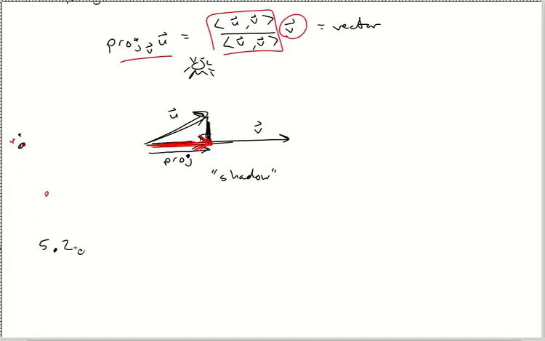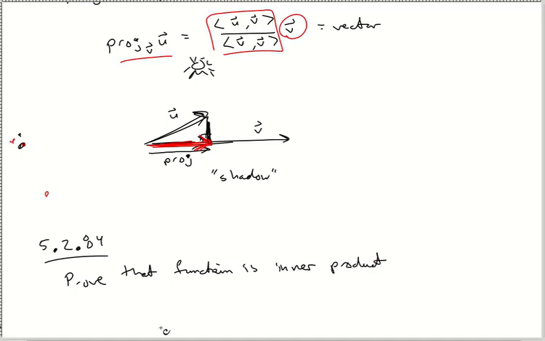So, this is kind of a proof. It does say prove in the front, so prove that this function is an inner product, or results in an inner product space in V. I just want to see, does this thing make an inner product? Does it work?